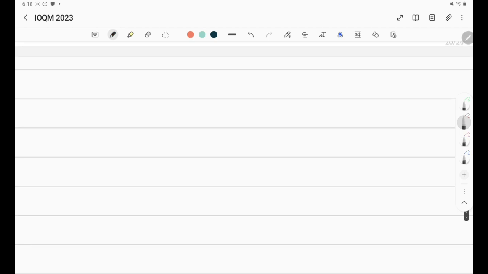Okay, let's work with the second condition. So they told us that the sum of i plus f(i) from 1 to n is basically the sum of i plus the sum of f(i), and we all know the sum of i from 1 to n is n plus 1 times n divided by 2.